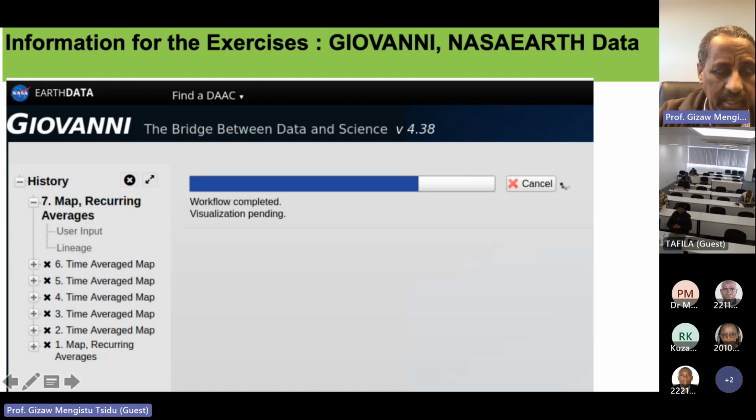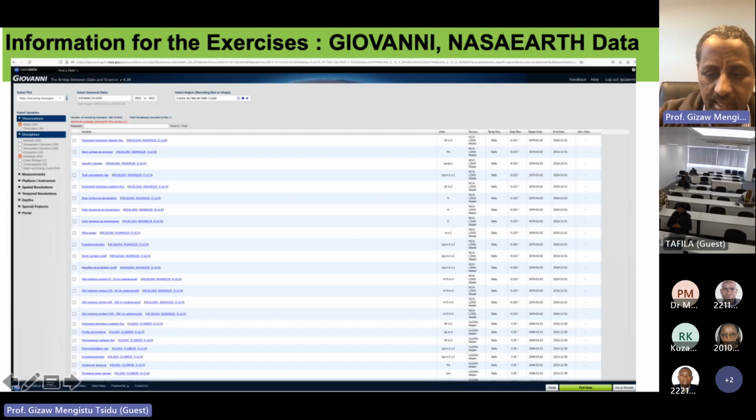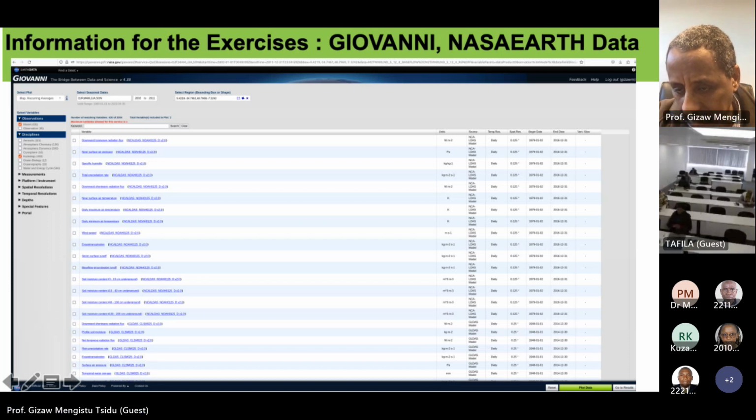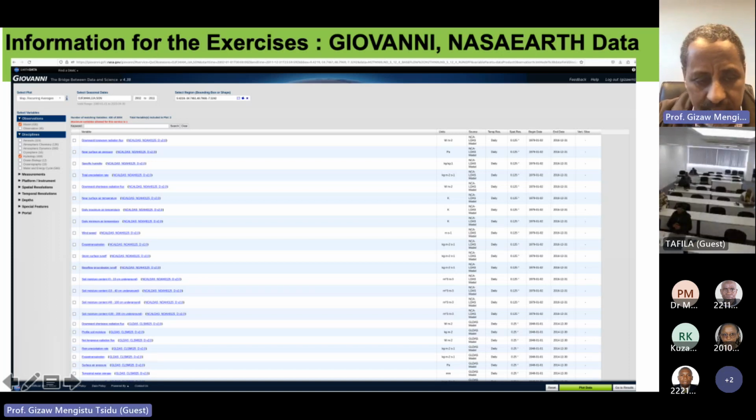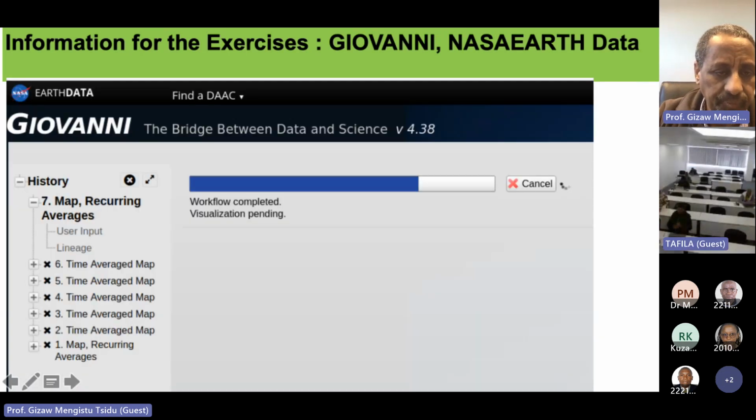Now, what I did here was, once I chose, I just pressed here at the bottom right, float data, which is shown by green color here. Once I press that one, the next screen will appear here, which is this one.